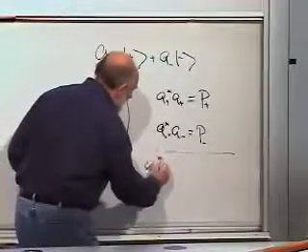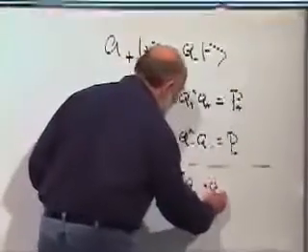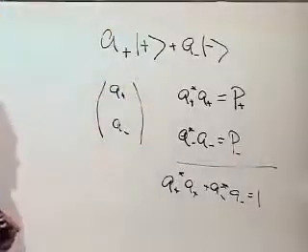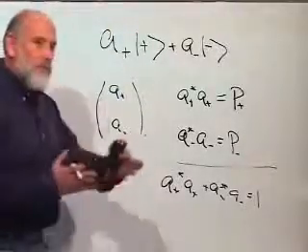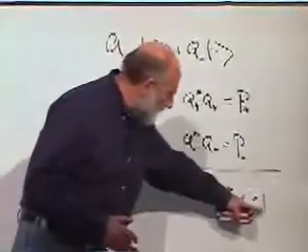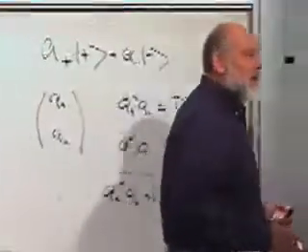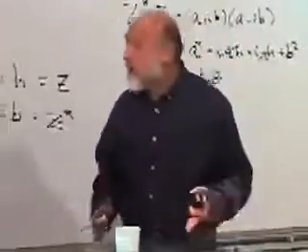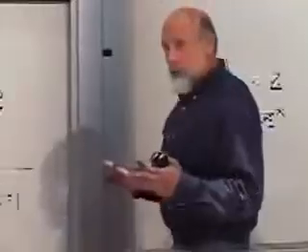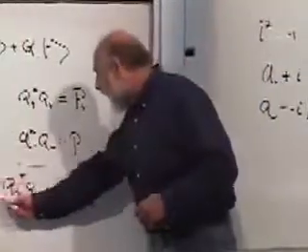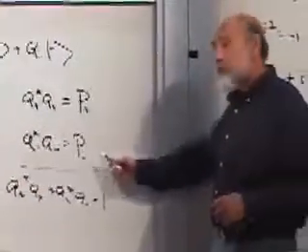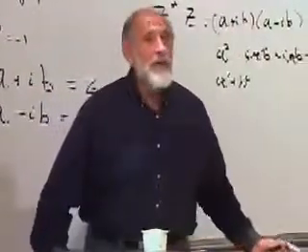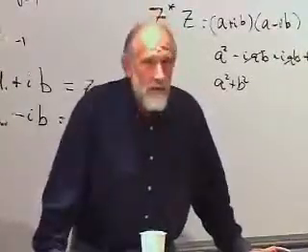So A plus star A plus plus A minus star A minus should be set equal to 1. This is like considering only vectors of unit length. That doesn't mean that in the vector space itself there aren't other vectors of other magnitude. There are. But the physical states of a quantum system have to be normalized, which is the same thing as setting the sums of the probabilities to 1. So normalized vectors in a vector space represent the states of a quantum system.